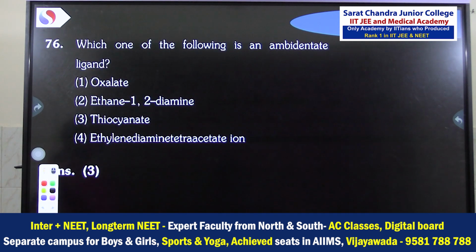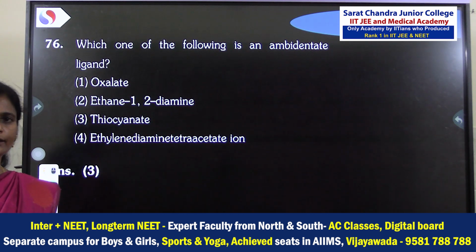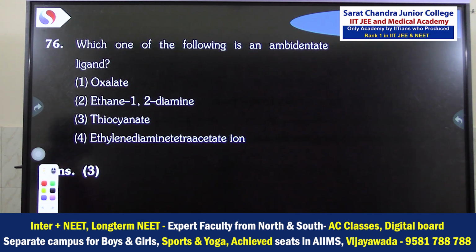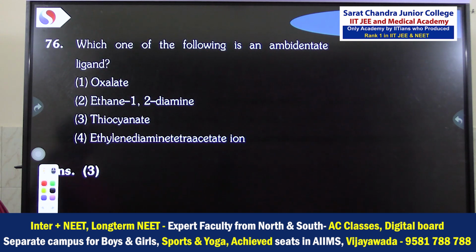Next, 76. Which one of the following is an ambidentate ligand? What is meant by an ambidentate ligand? An ambidentate ligand is a ligand which has two possible donor atoms, but at a time it can coordinate with only one donor atom. Such ligands are known as ambidentate ligands.